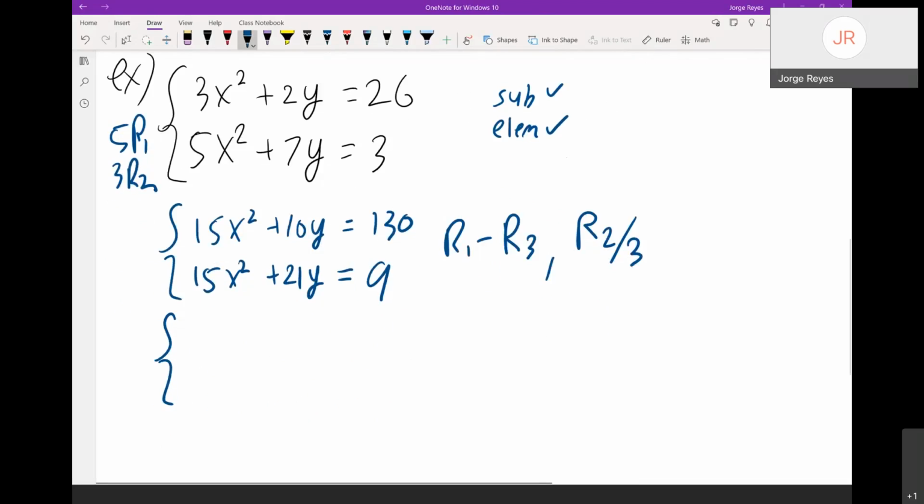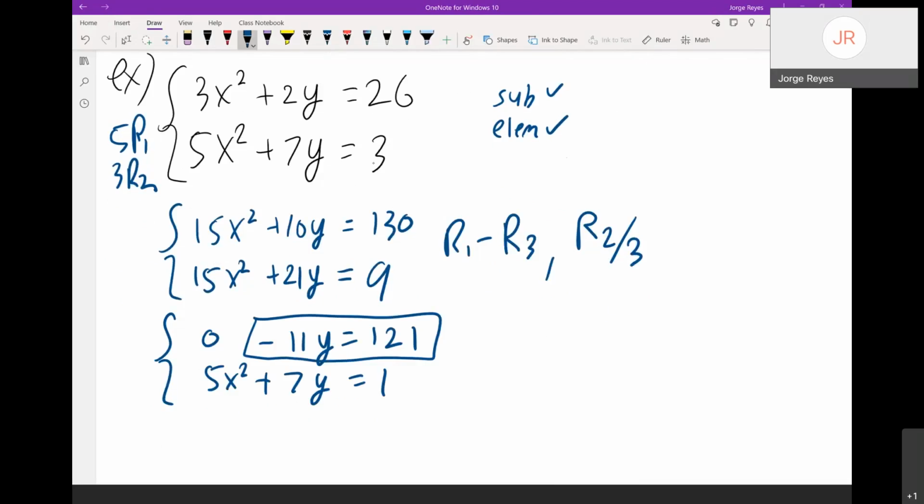So row 1 minus row 3: 0, -11y, and then 121. And then go back to the original because I divided by 3. Okay, and then we're done.